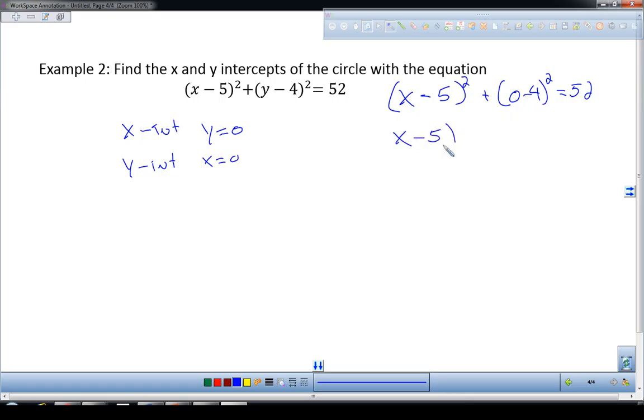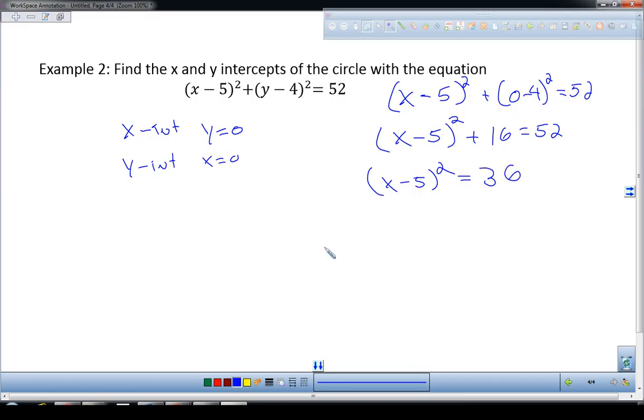Don't square this out. X minus 5 squared, 0 minus 4 squared is, what's that? 16 equals 52. Subtract 16, so you get x minus 5 squared equals 36.